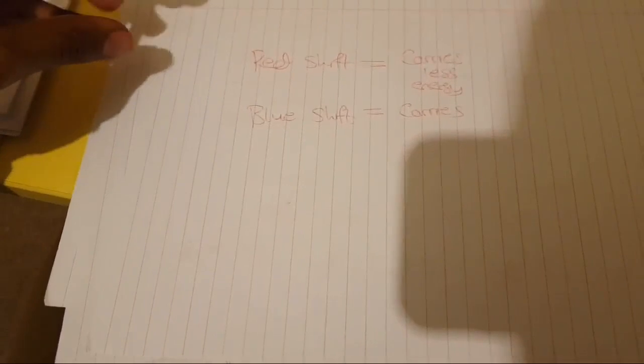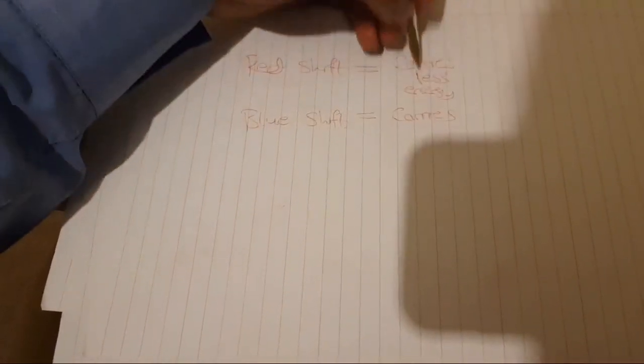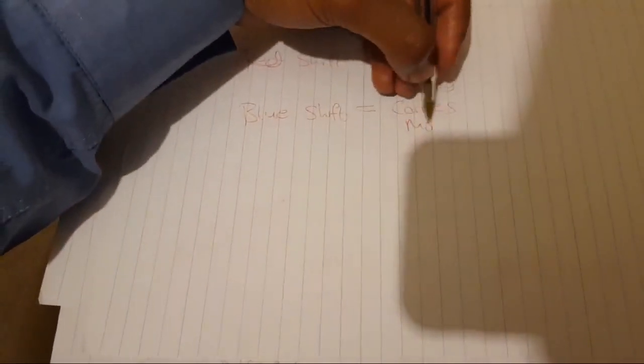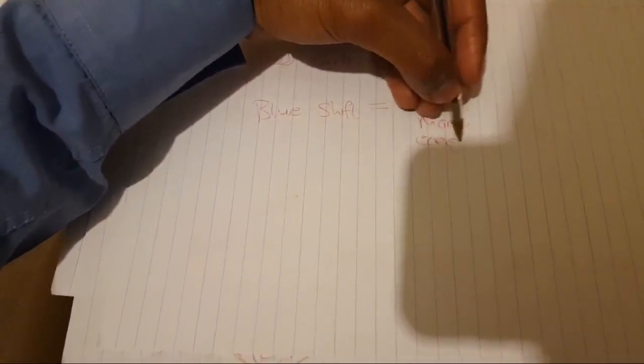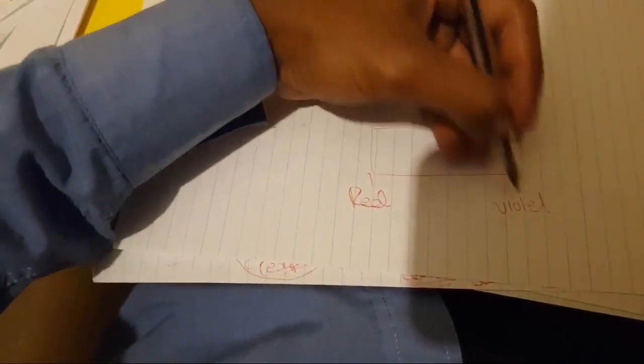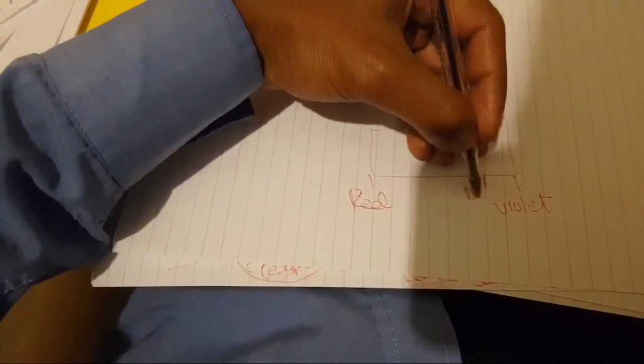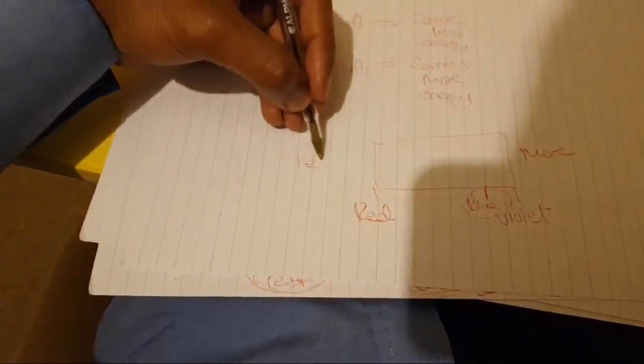The only way you can remember this is with the black bars, carries less energy and carries more energy. You just have to remember this in terms of the EM spectrum, as in you got red there, and then you got violet there. Blue's closer to violet, somewhere there.